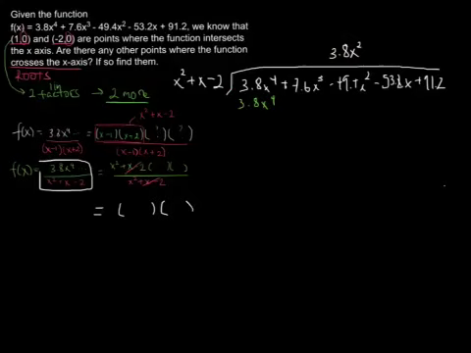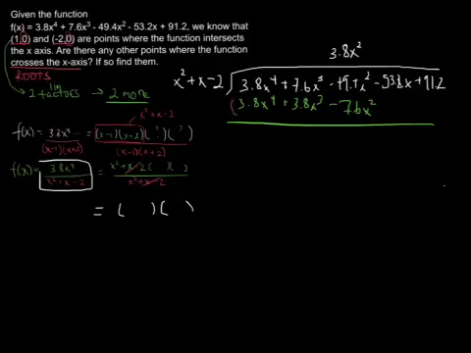I'm going to multiply through, and I'm going to get 3.8x to the third minus 7.6x squared. Now, if you are unfamiliar, if you're a little confused as to why some of these things are happening, go back and watch the lesson where we go over this.